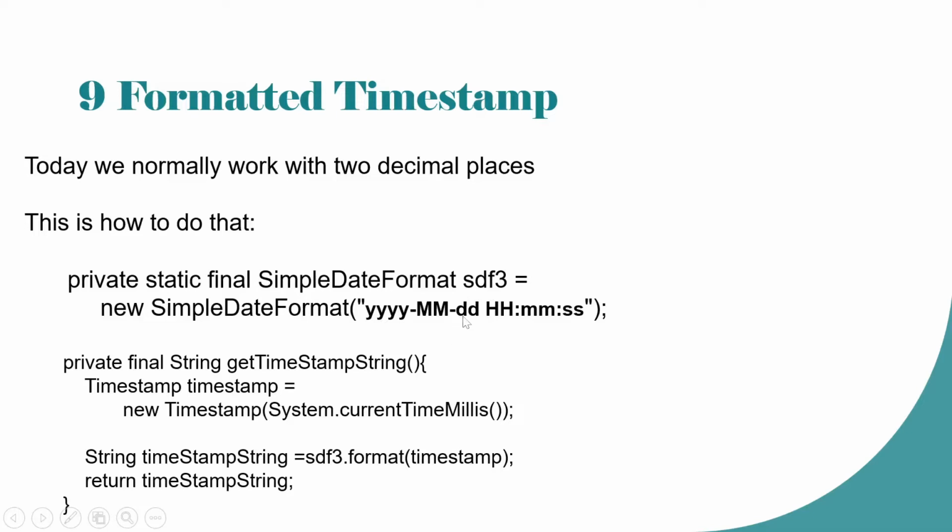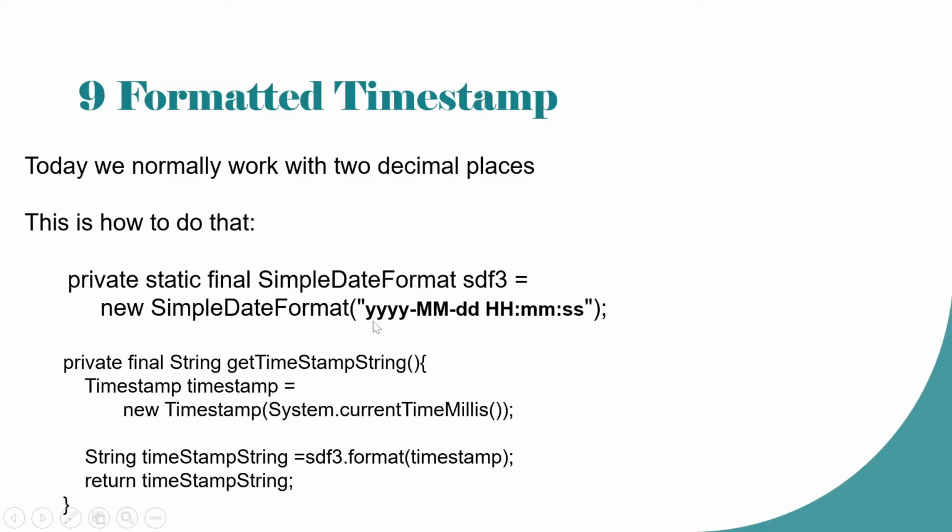Now, all you need to do is take these years and pass them after the D's, replace the dashes with forward slashes, and then you will have converted this format into American date. If you want to make it British date, then you reverse this, you put DD in the front, /MM/YYYY.